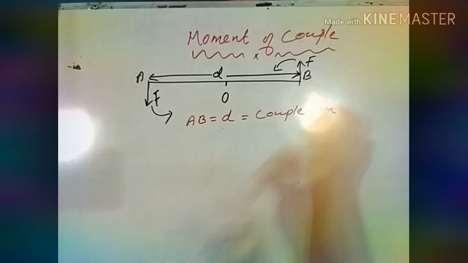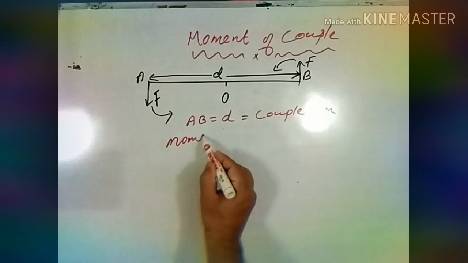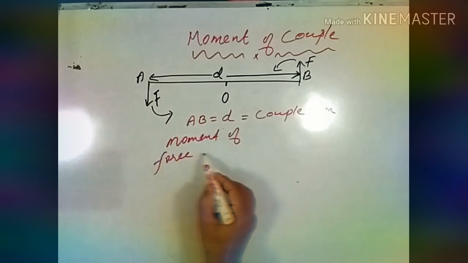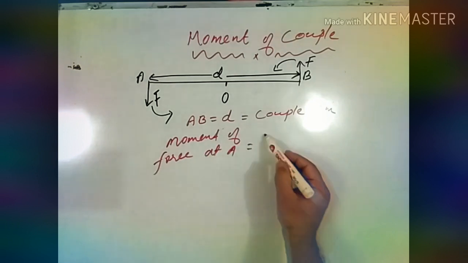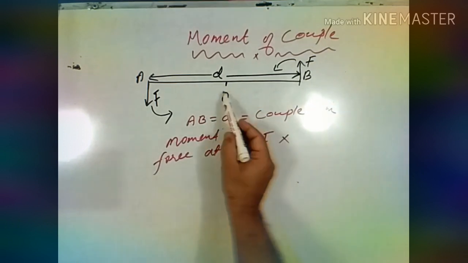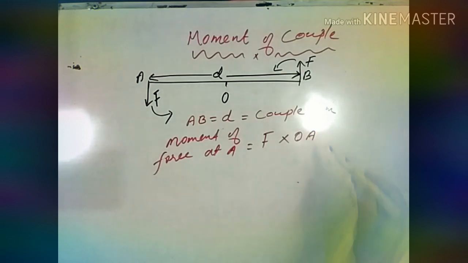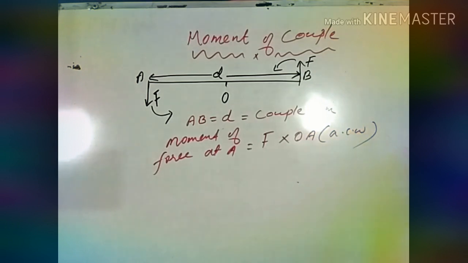Now let us study the couple action. What is the moment of force at the end A? Moment of force at A is equal to force into the perpendicular distance OA, because it is in the anti-clockwise direction.